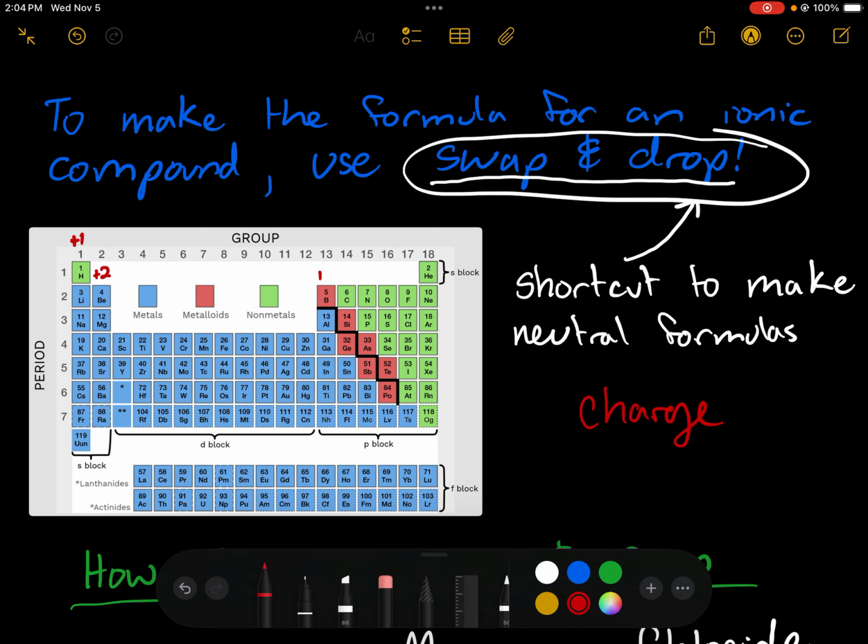Group 13 tends to have a +3 charge. Group 14 is either a +4 or a -4. Group 15 is a -3 charge. Group 16 is a -2 charge. Group 17 is -1. And as we know, group 18 does not tend to ionize at all. Once again, you'll need that information to do swap and drop successfully.